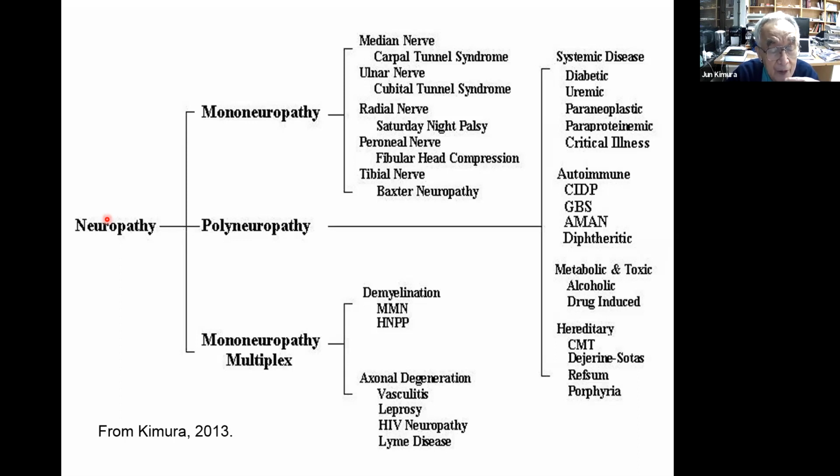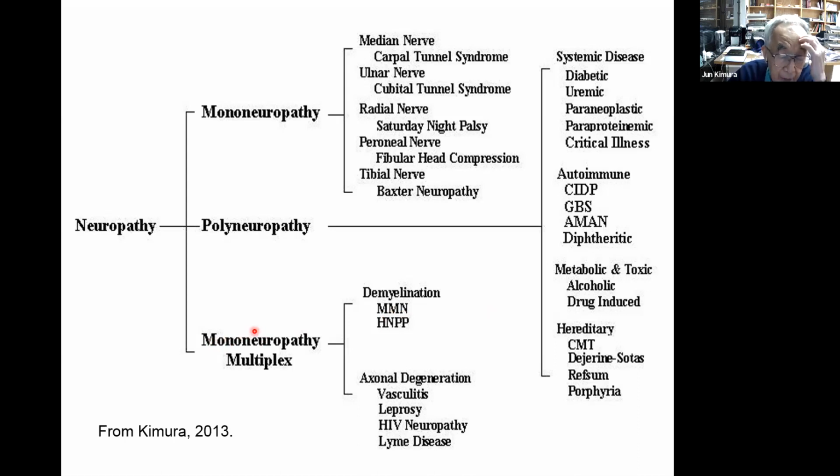Subacute neuropathies include diabetes, for example, and chronic is often hereditary neuropathy, like Charcot-Marie-Tooth disease, which is a long-lasting entity. So that's one classification which is very important, because you can tell the diagnosis based on that division.